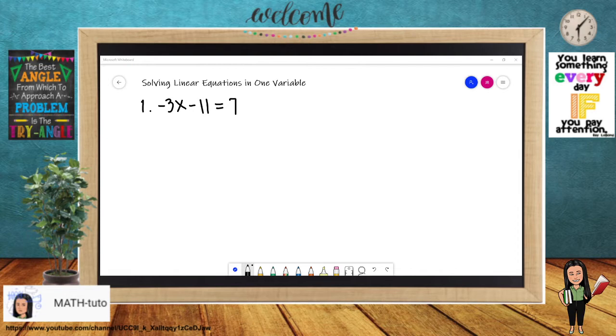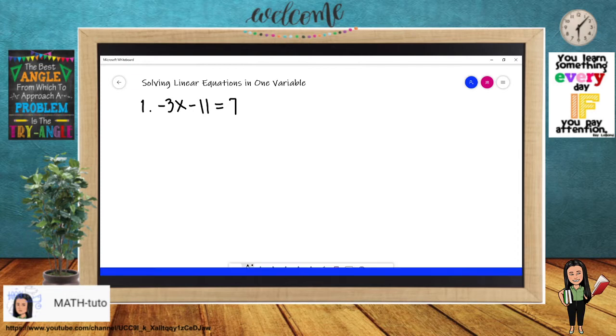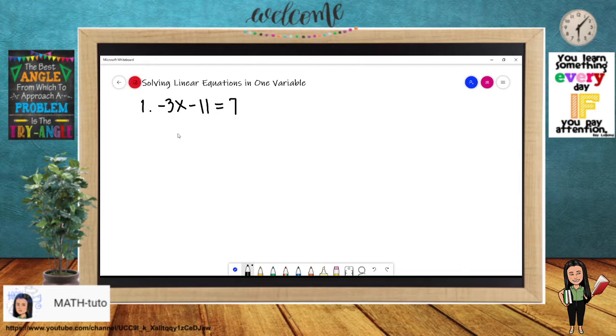In our equation, we need to add 11 on both sides of the equation. Negative 3x minus 11 plus 11. Whatever we add on one side, we should also add on the other. So, this is 7 plus 11. This is now negative 3x equal to 18.